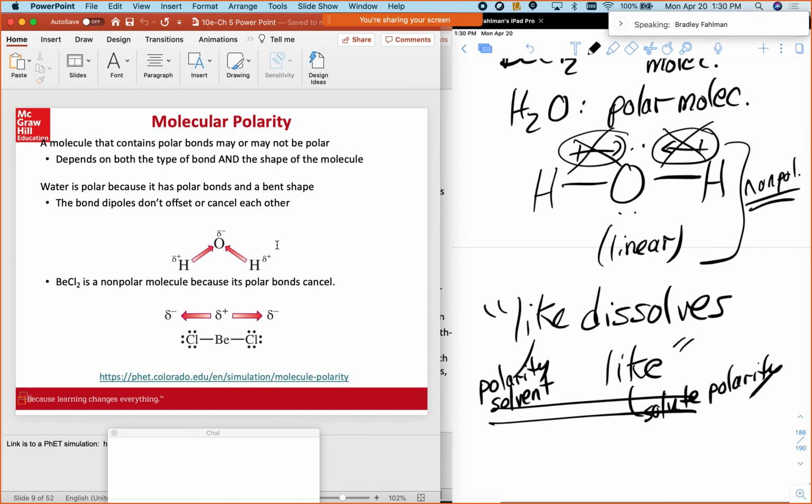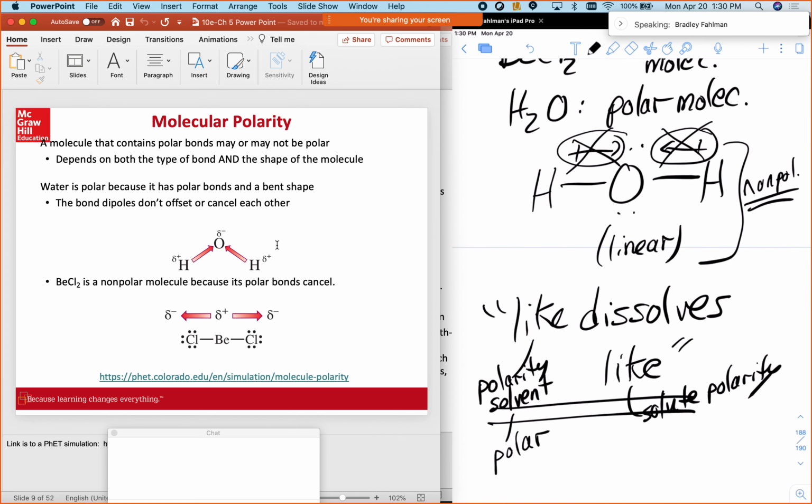If something is polar, it's going to dissolve something else that's polar. We'll talk about oil, those hydrocarbons, a bit later today, and we'll see that those are nonpolar. Since water is polar and oil is nonpolar, they don't dissolve. They don't mix.